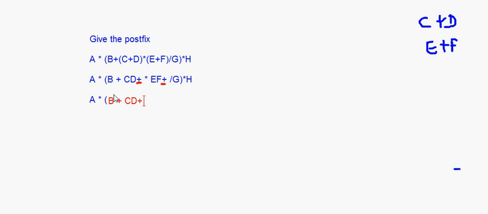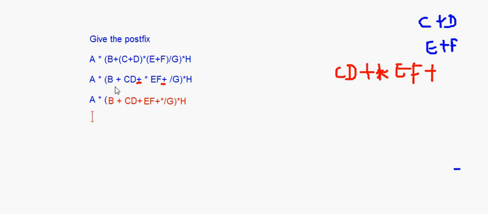Now it is basically this one, here, see this expression, CD plus into EF plus, this is what we are going to do, right? So if you do this, what will happen, it will become, I'll write here CD plus EF plus, and then the into sign will come, and then divided by G, okay, and then you have into H. Okay, now the next step.